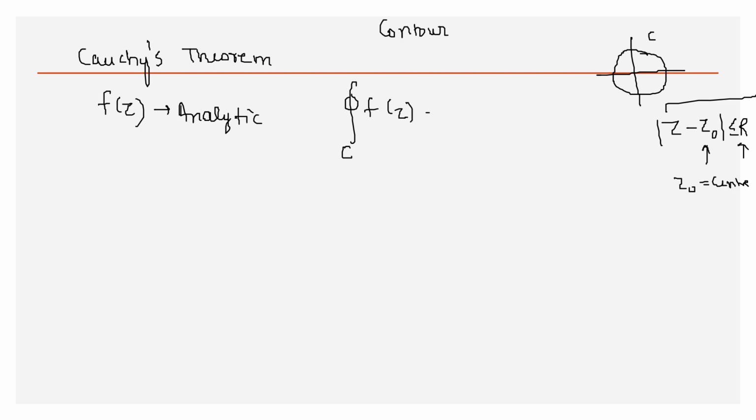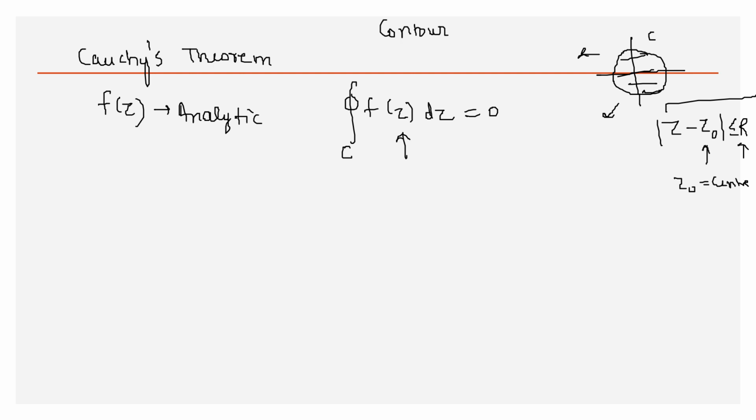Then the contour integral of f(z) dz will be 0. So it can be asked in your MCQs or statement based true false question that if f(z) is analytic, then what will be the contour integral of f(z)? That too for the closed curve, inside and on, not outside. Here it will be 0.